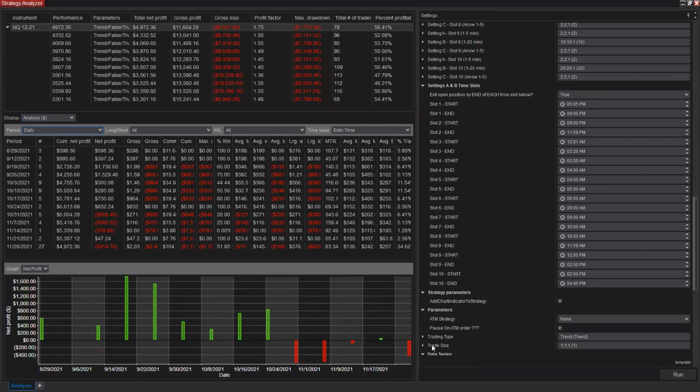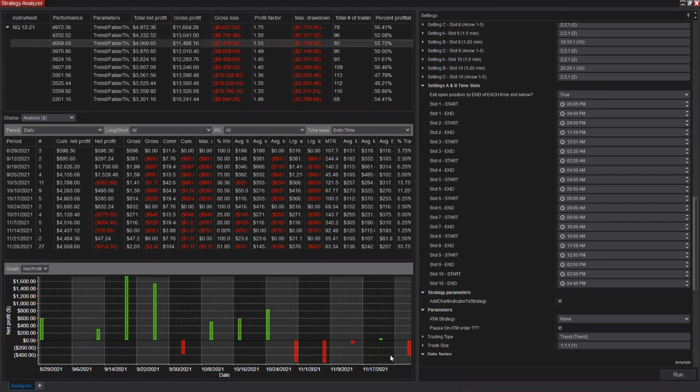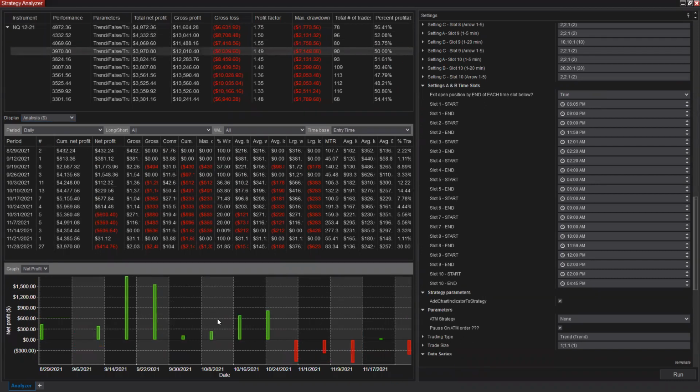So if you're selecting these specific results, you can filter through these results that the analyzer is giving you, and you can see which ones have actually made profit over the last couple of days or the last trade. So all of these made initial gains in the beginning, but the last few trading days have actually been negative days.